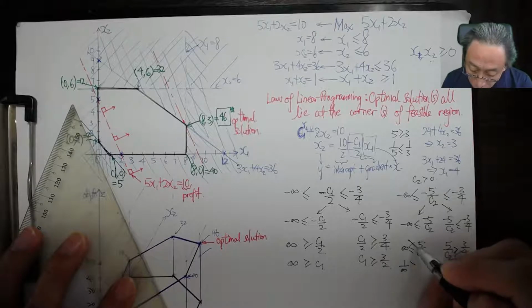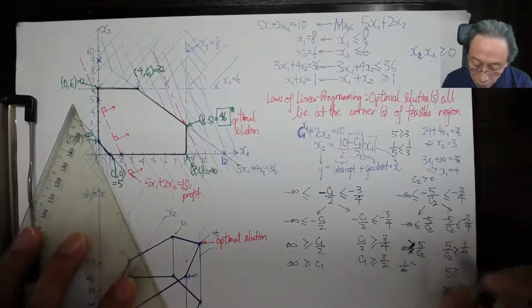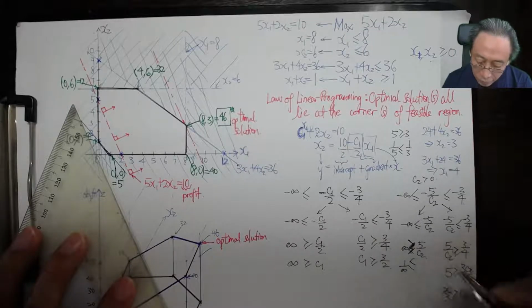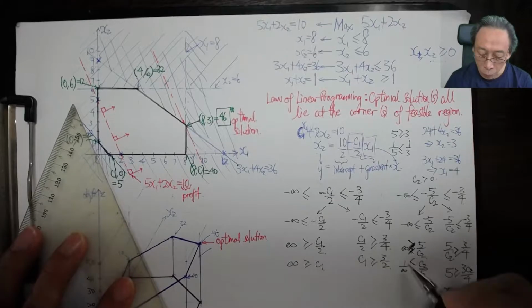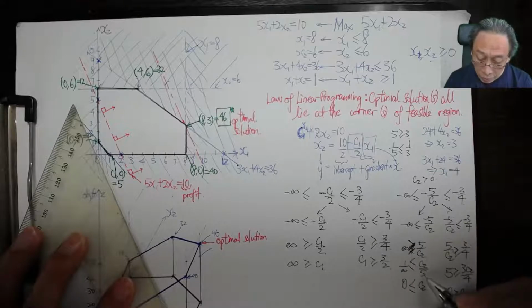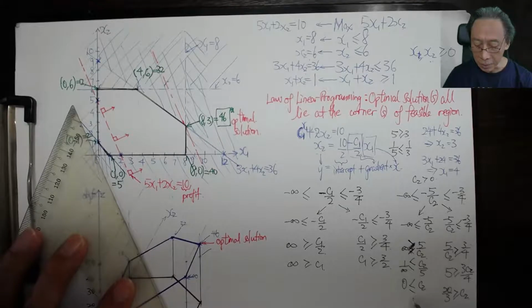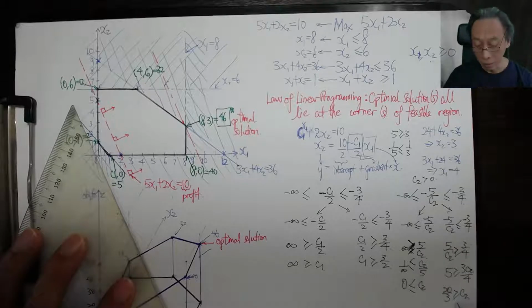Oh no, I wrote wrong. So this should be greater equal to, because I multiply by minus 1, I change sign, but now I change it back. So I take reciprocal, C2 over 5, and then 1 over infinity basically says 0, less than equal to C2 over 5, but I can multiply by 5. 5 times 0 is 0, so that's all. In other words, C2 better be greater equal to 0. That's our assumption anyway, but it cannot be too large.